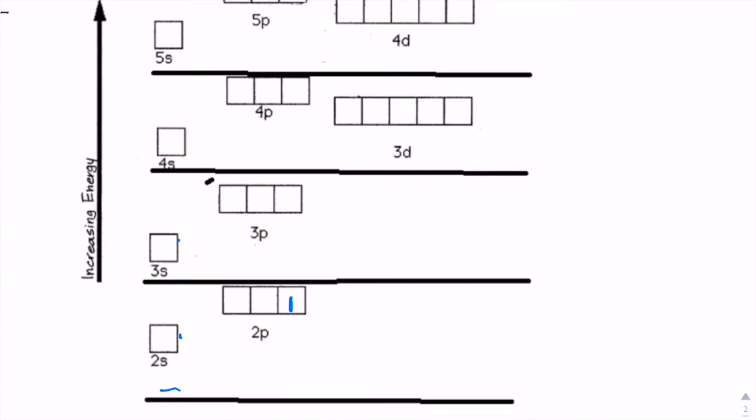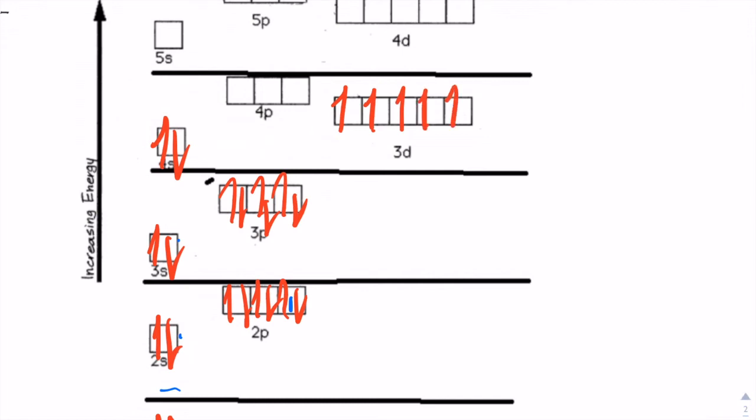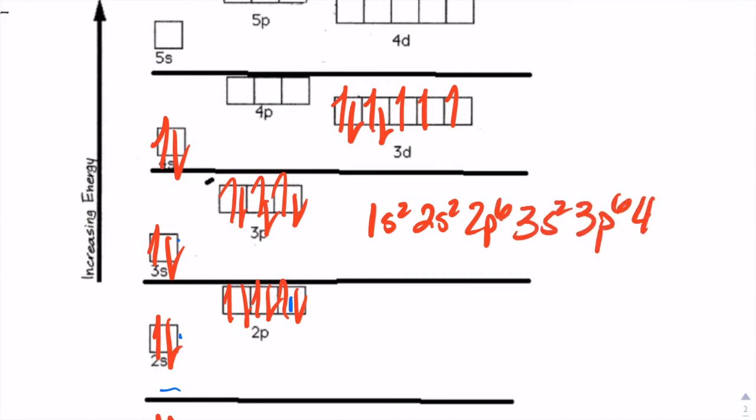We're going to have 1, 2, 3, 4, 5, 6, 7, 8, 9, 10, 11, 12, 13, 14, 15, 16, 17, 18, 19, 20, 21, 22, 23, 24, 25, 26, 27. The way we would write that would be 1s2, 2s2, 2p6, 3s2, 3p6, 4s2, 3d7.